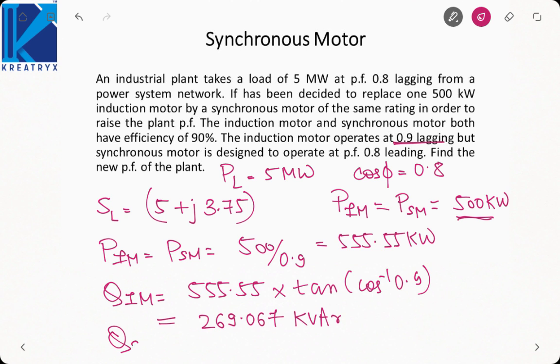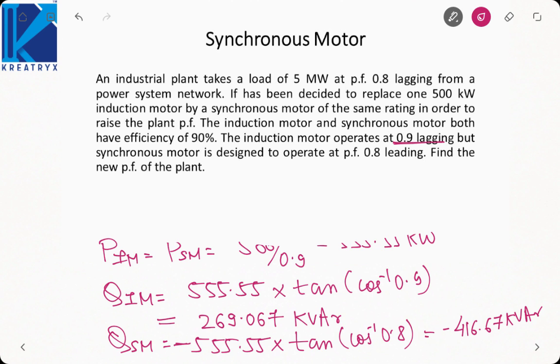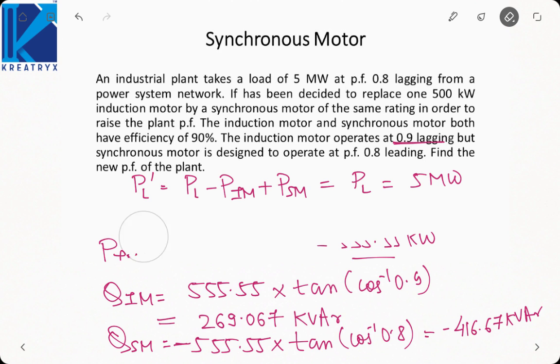What about the reactive power of the synchronous motor? 555.55 into tan of cos inverse 0.8, and it will be negative because it is operating at leading power factor, minus 416.67 kVAR. Now what happens to the total load? In the total load, we are removing an induction motor, but we are adding a synchronous motor. Both have the same power, which means it will remain the same as PL, which is 5 megawatt. What about reactive power?